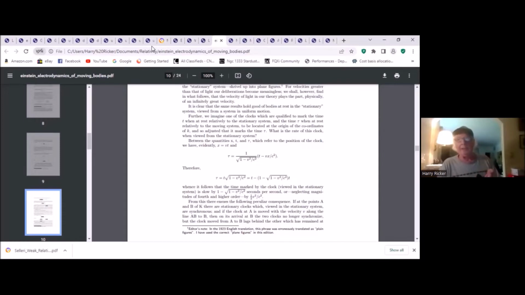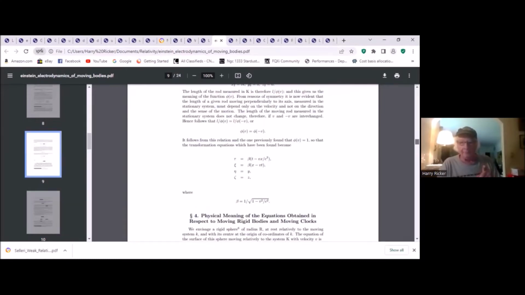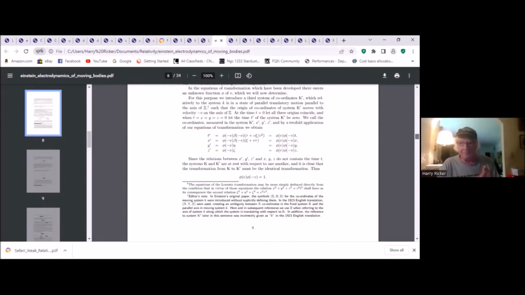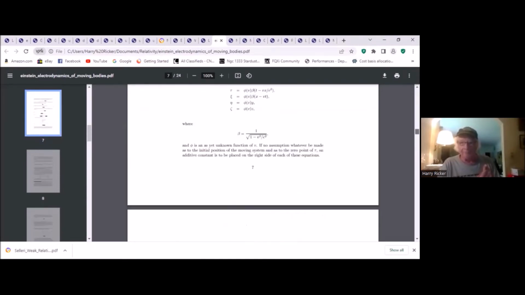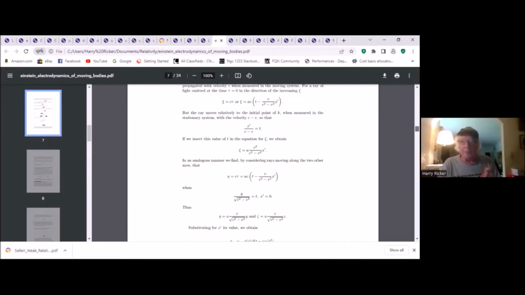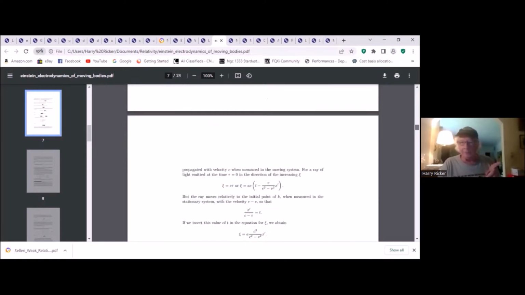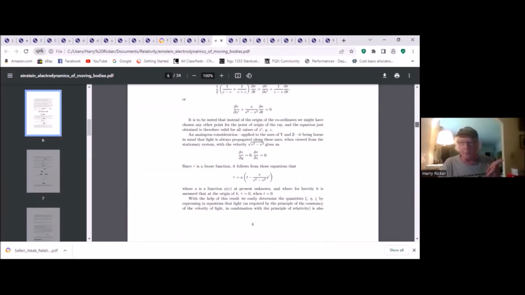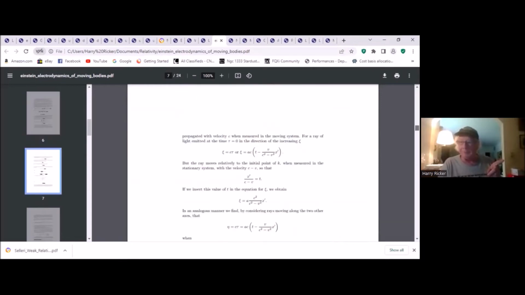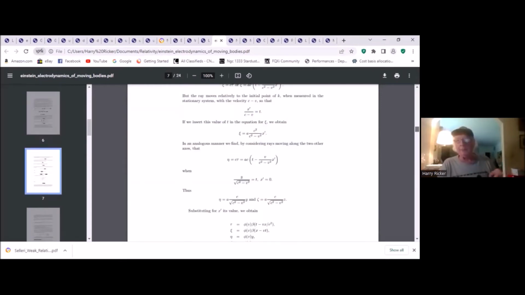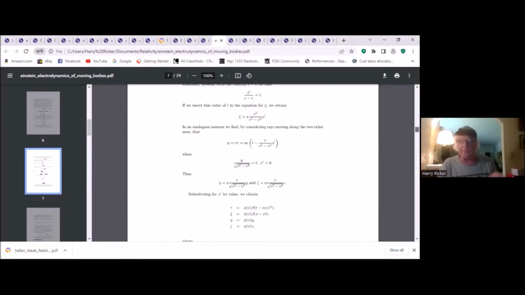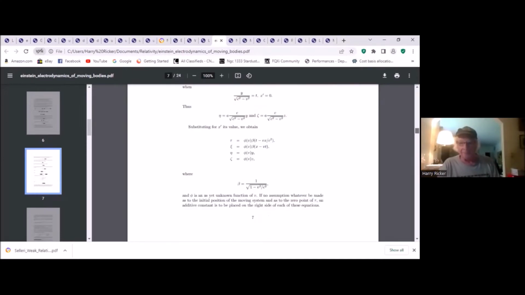Okay, what we had in the beginning, if we go back to these equations here, you notice that we have x squared, y squared, z squared equals ct squared, right? So what we have is 3 dimensions in space, and a parameter in time, okay?